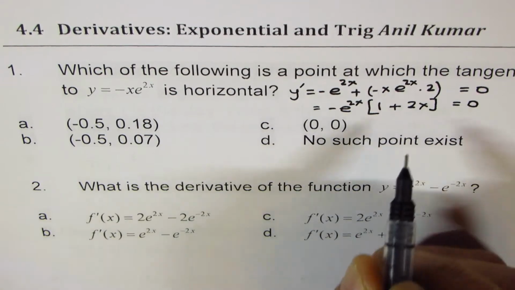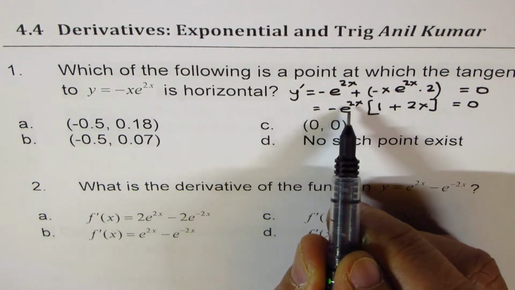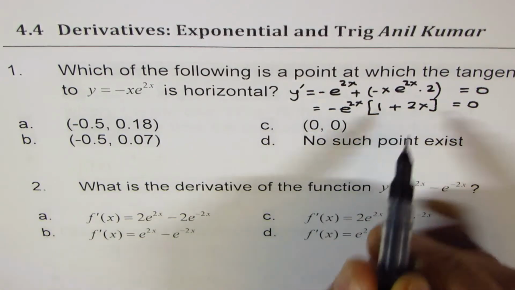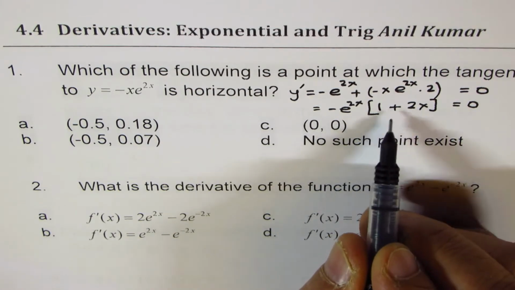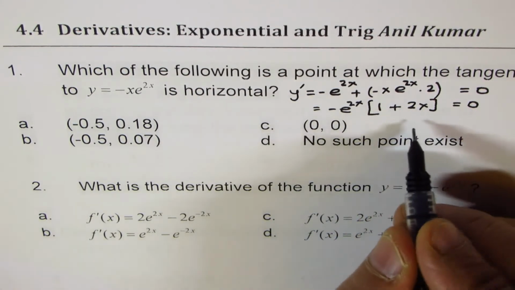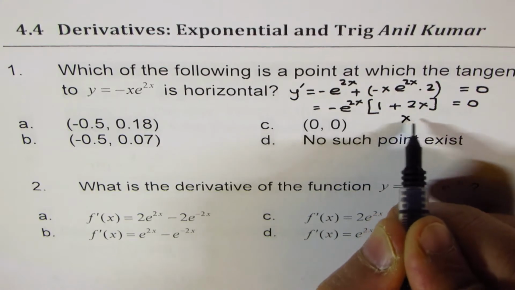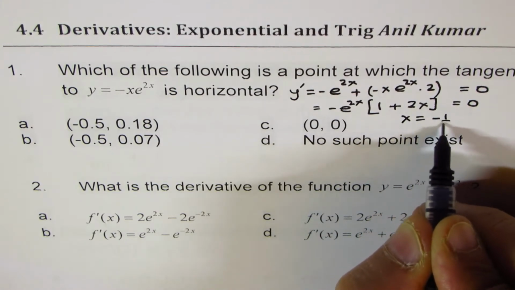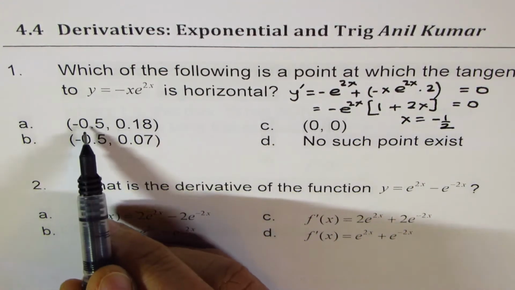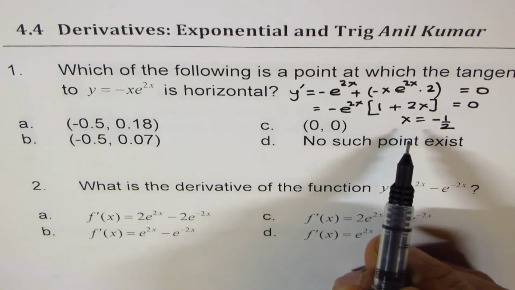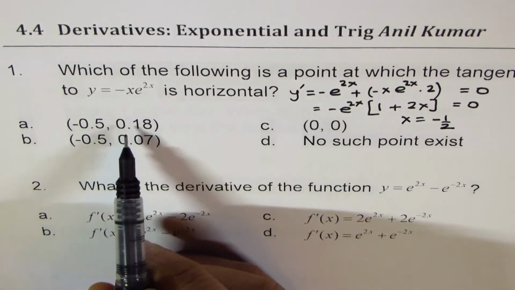equals 0. The exponential function is never 0, but the second factor, 1 plus 2x, can be equal to 0 for x equals minus half. So that gives us one of these two options. Now the idea is to find the y value.